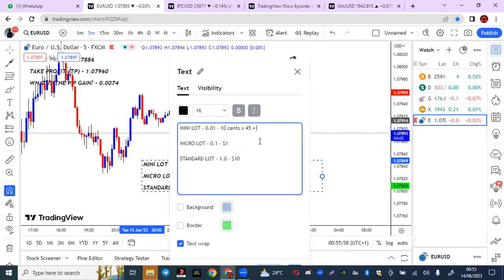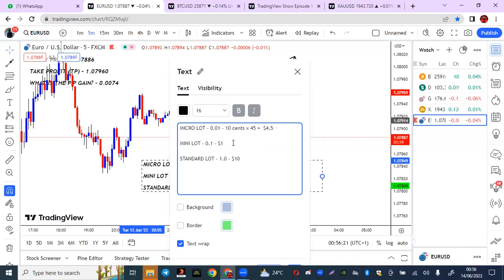So if you are using a mini lot, sorry, this is micro, this is not mini. This is mini. All right, this is mini. So that particular trade, 4.5, is going to be my profit.